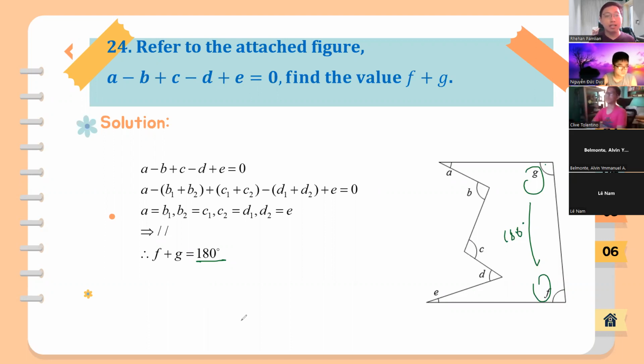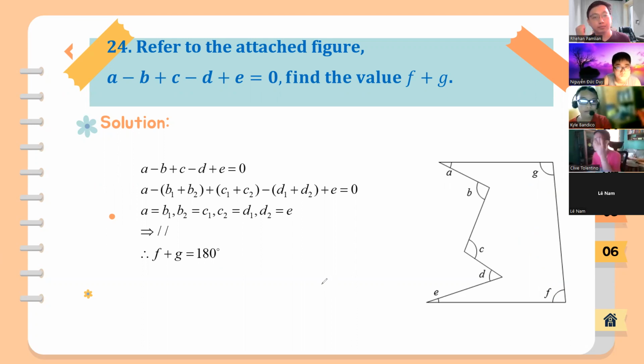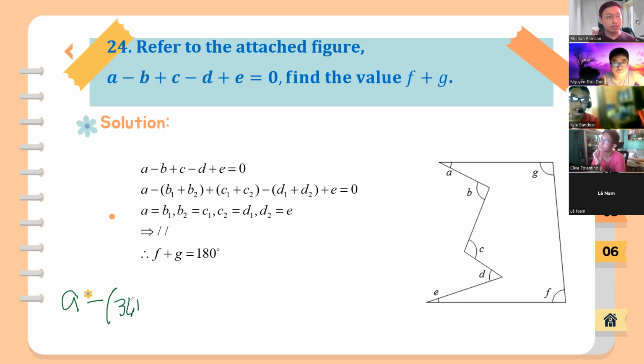Excuse me, sir. Yes, Kyle. Couldn't it be easier to calculate the sum of the interior angles first, and then convert A and B into their interior angle versions, like 360 minus the angle B, something like that?